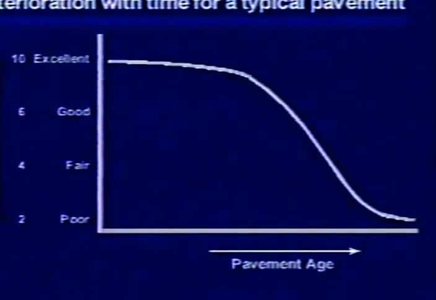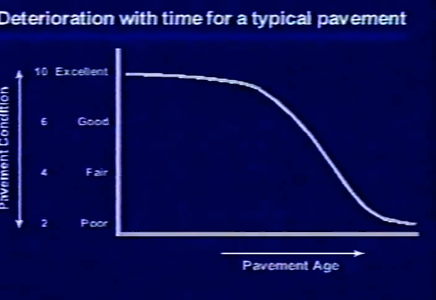As we do our rating and evaluation, to me it's helpful to think about the life of a pavement. That is, it starts out as a brand new condition, what we would call a 10, and gradually deteriorates with time and age down to a 1, which is totally failed. The time it takes to move through that life cycle really depends upon the quality of the initial construction and the amount of traffic, of course, that it's subjected to.